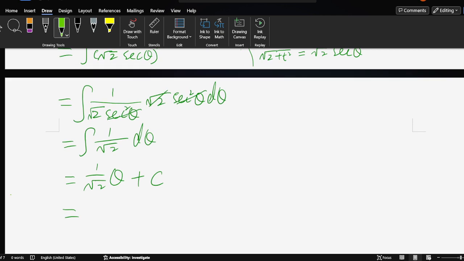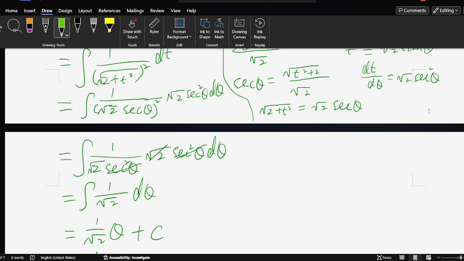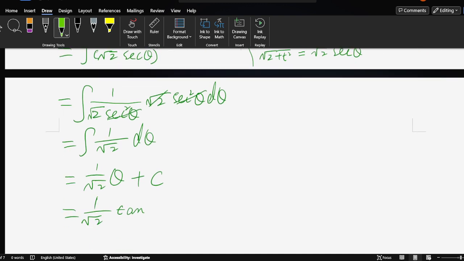Right there, so it's 1 over the square root of 2 times arctangent of t over the square root of 2.